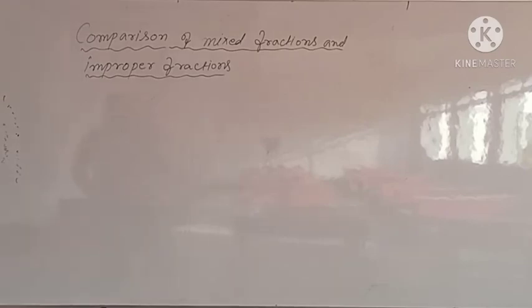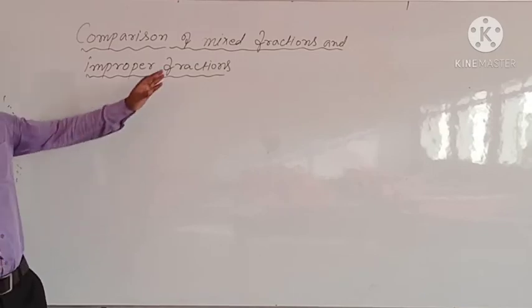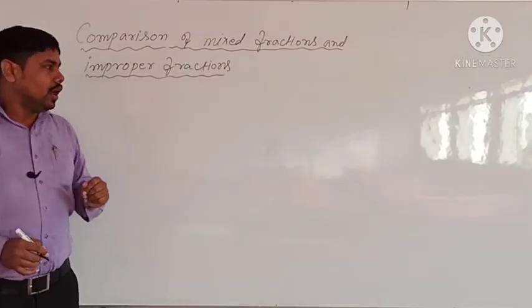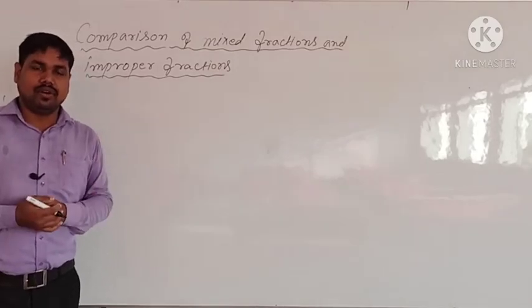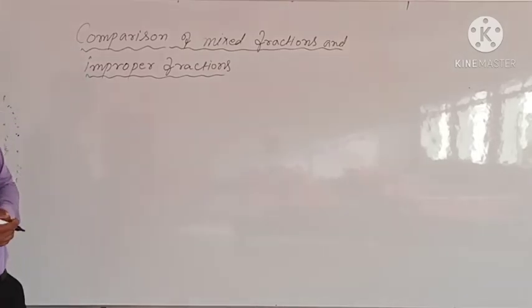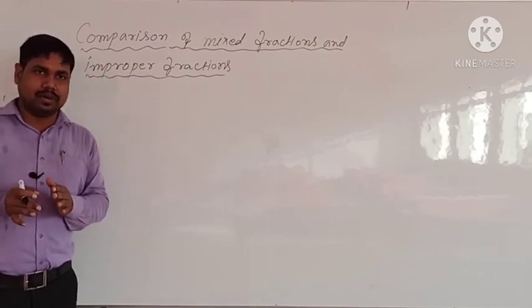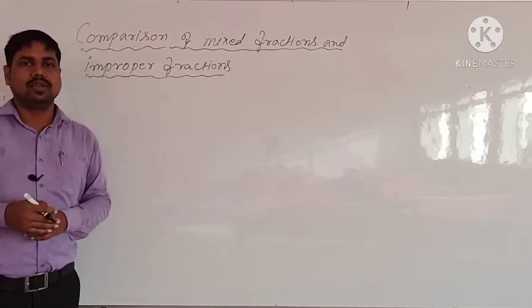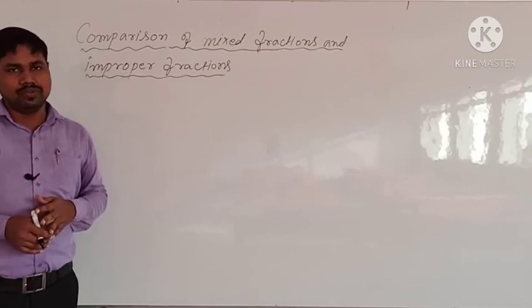Now we will see how can we compare if the number is given in mixed fractions and improper fractions. So we are aware about the mixed fractions and improper fractions. If the fractional numbers are in that particular case, how can we compare that? We will see here.